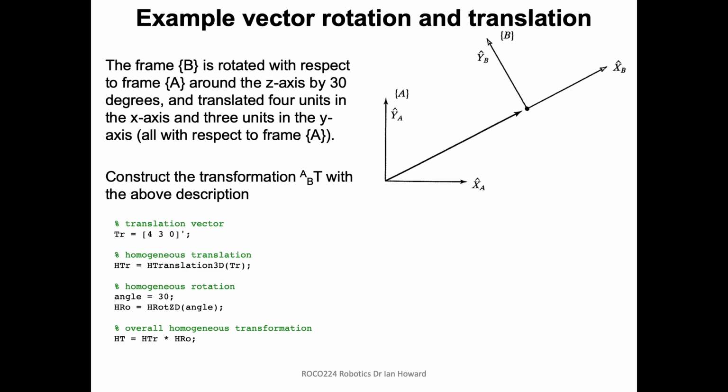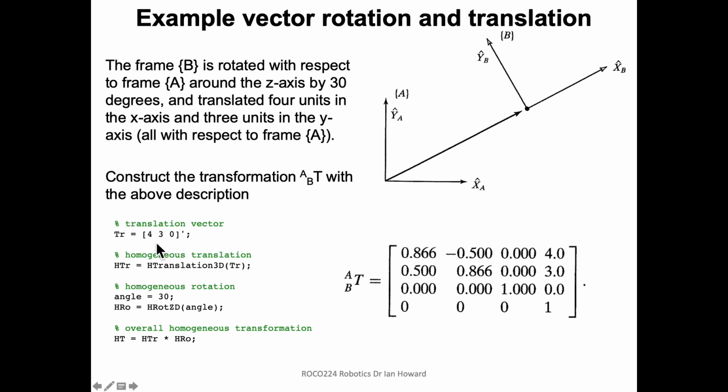So what we need to do is to say translation, right? We know it's 4 in the x, 3 in the y, so we put a 3 and 0 in the z. Notice I've written it without semicolons and I've stuck a transpose on it afterwards, so we end up with a column vector.